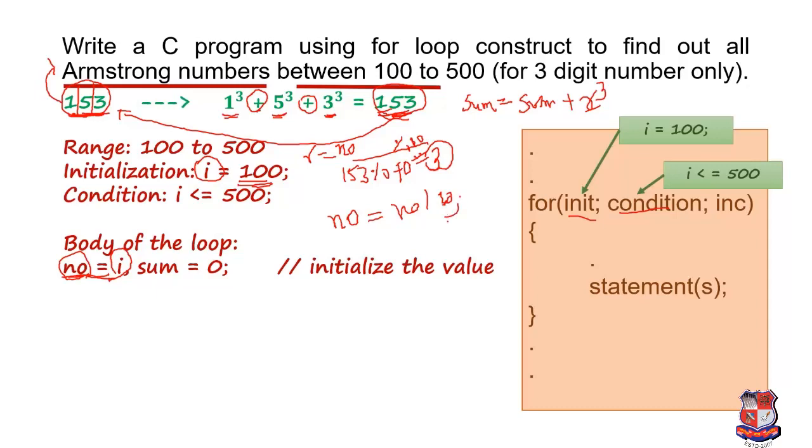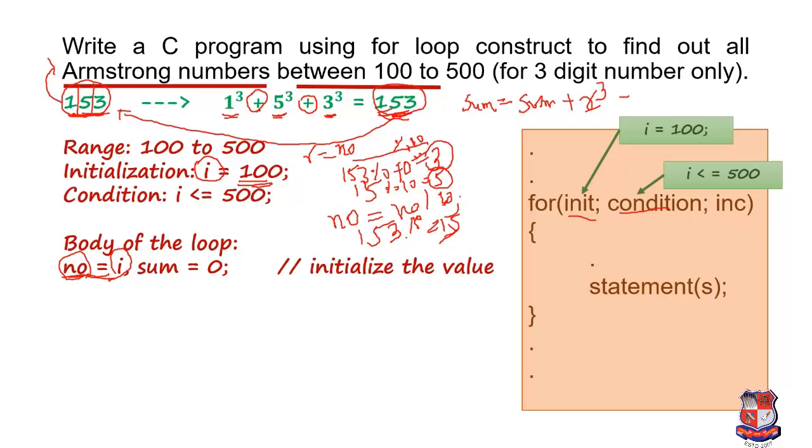So if we do 153 divided by 10, it will give us 15. Now this 15 I'm using in the second iteration, like 15 modulo 10 equals 5. Now I am finding the cube of it and I will add it into the sum.